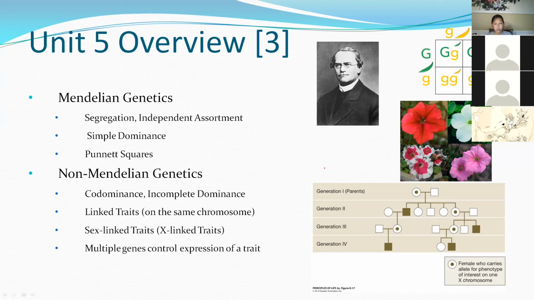For example, if a mother is a carrier, but the father does not have color blindness, when it passes down, boys have an XY while girls have an XX chromosome pair. It's different for females and males, so the way it passes down is slightly different from the way a normal non-sex-linked trait would pass down.